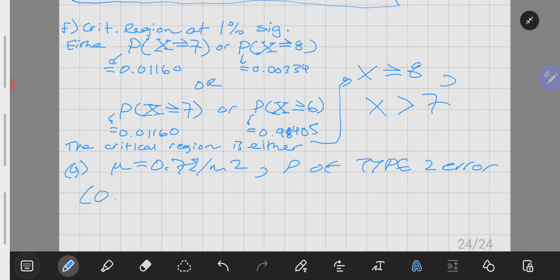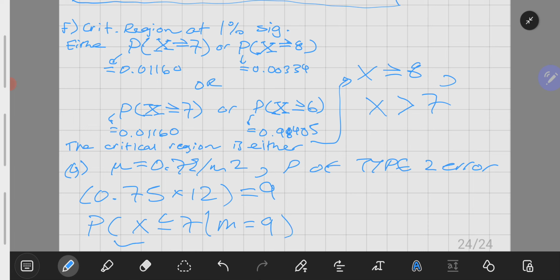Now what we're searching for, in our 12 meter squared garden, we multiply the new frequency by the 12 meter squared garden, and we can find the probability for a type 2 error by looking at our probability distribution function for the following, and our answer will come out to be 0.324. And that's all for this question today.